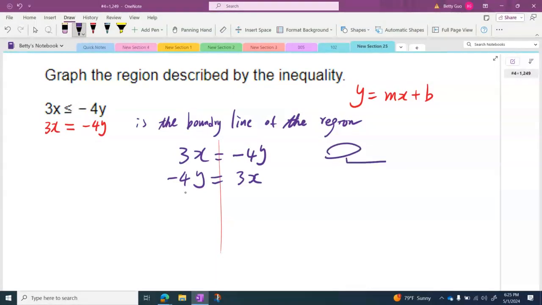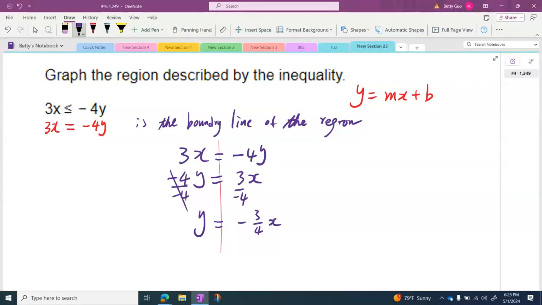What I do is like a scale. If you switch, like you rotate it, left side becomes right side and right side becomes left side, it's still in balance. And then I'm dividing each side by -4. The -4 cancels, and we have y equals -3/4 x.